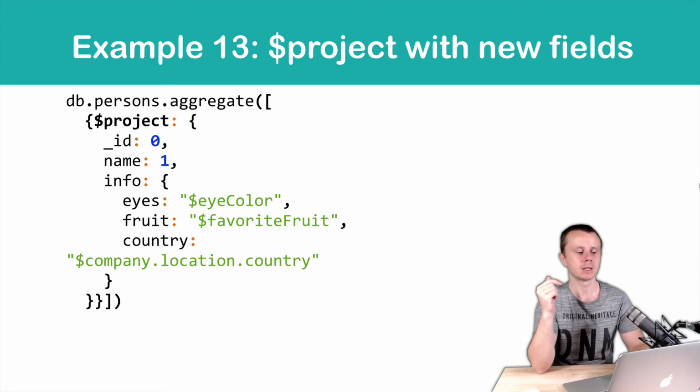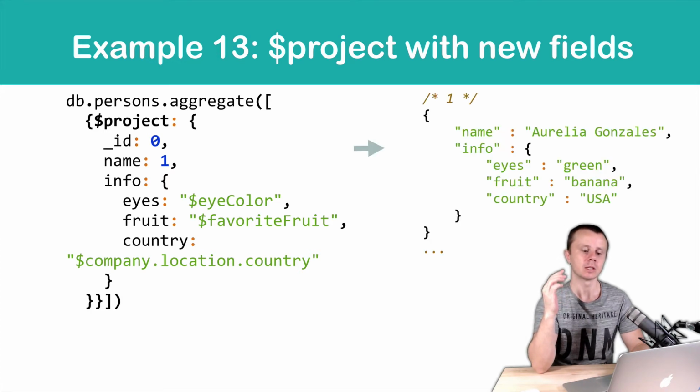It means that as a result we will get documents that have just two fields, name and info. And info has a nested document as a value. So you see that we have restructured the input documents and gotten documents of another structure, but with values that are contained in the input documents.